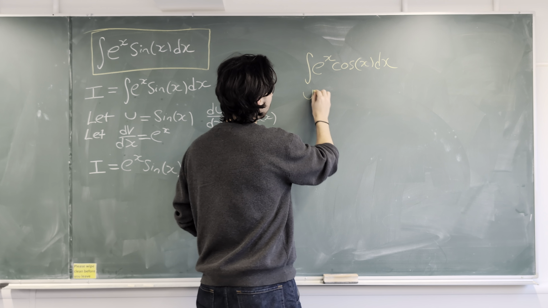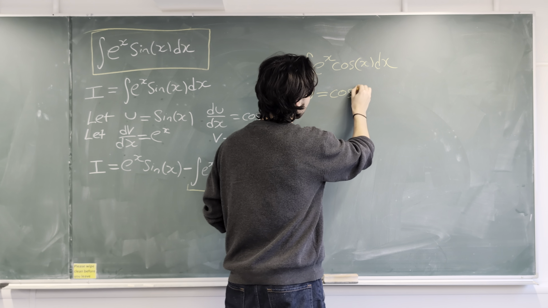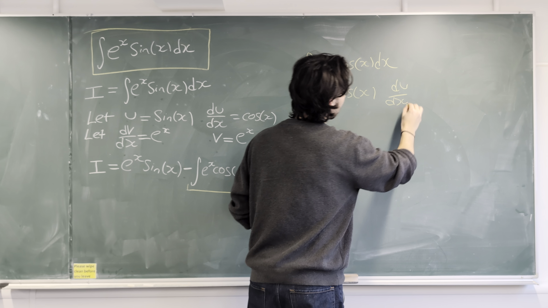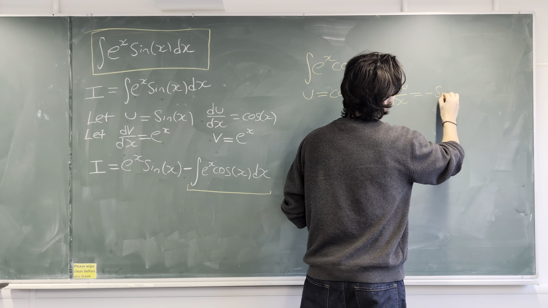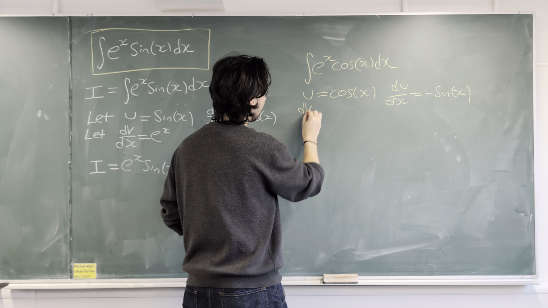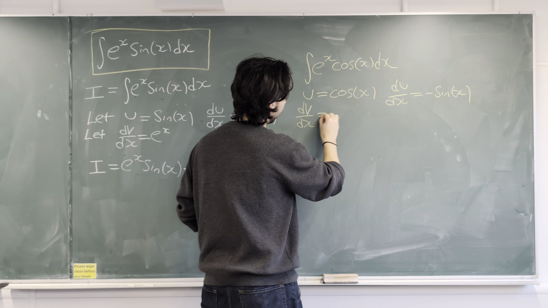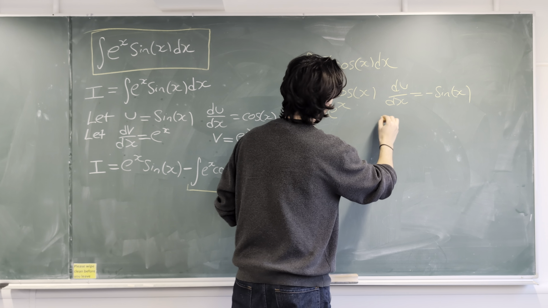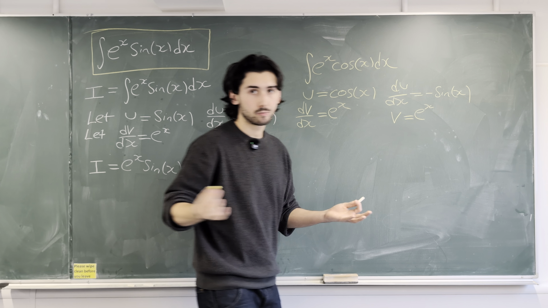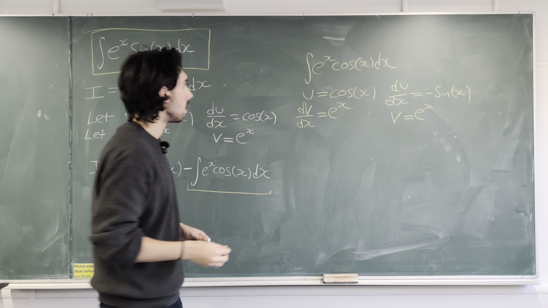Again, we should let u equal cos x, which means that du dx this time would be minus sine x. And we should let dv dx be e to the x, which means that v would again be e to the x. Cool. And then we're going to plug into the formula.